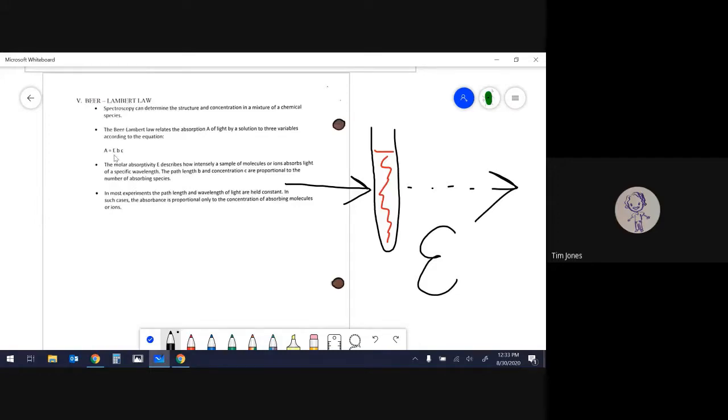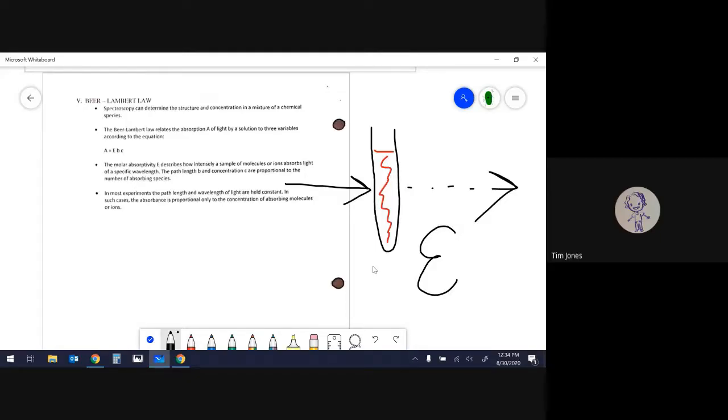That is a constant for the particular chemical. It mentions it here, the molar absorptivity, and it has to do with just how much this thing absorbs that particular color of light. B is called the path length, and that is how wide your test tube is. In other words, how much distance does the light have to cover?